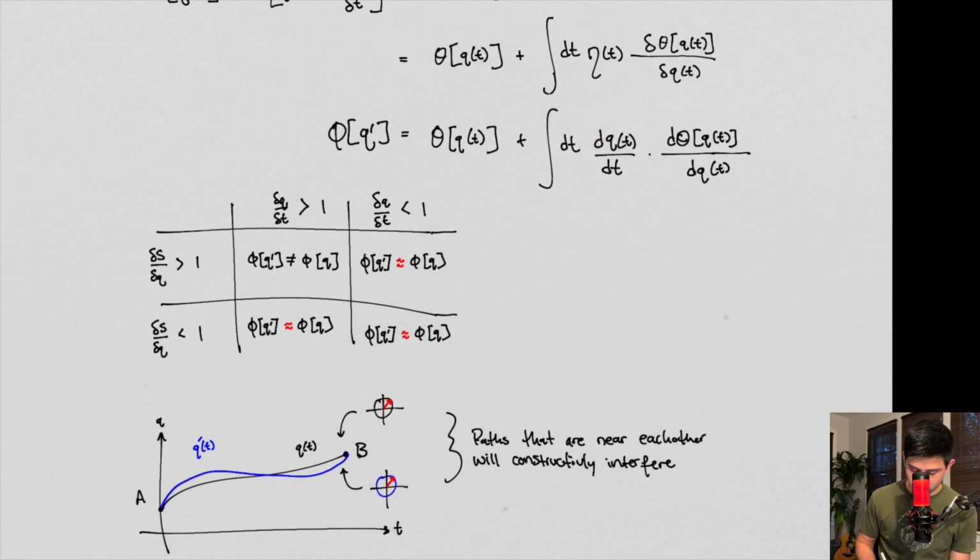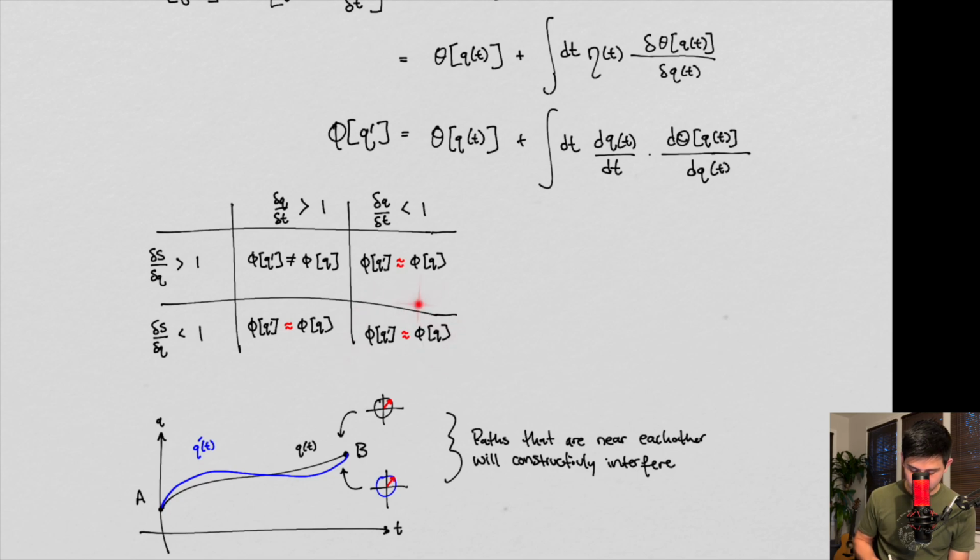Likewise, if this guy's small, and this over here is large, still, if this is sufficiently small, we can approximate again that these two guys are equal. We really want these changes to be small, essentially, is what I'm saying.